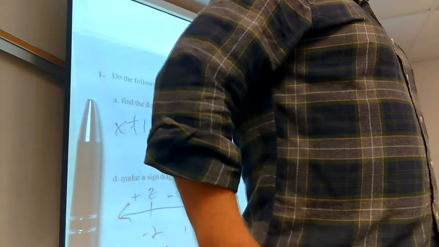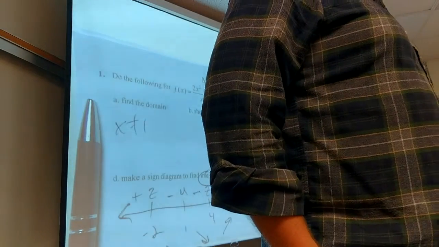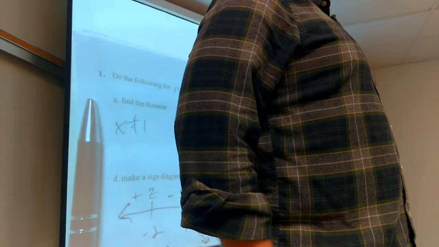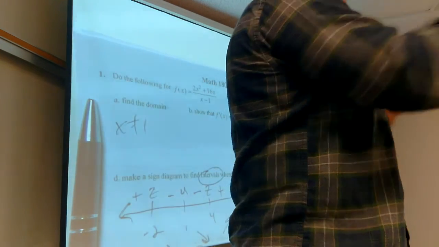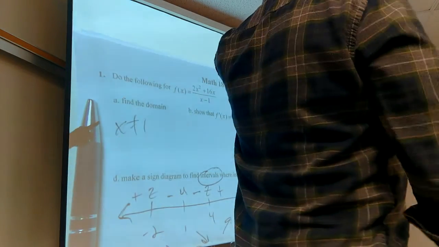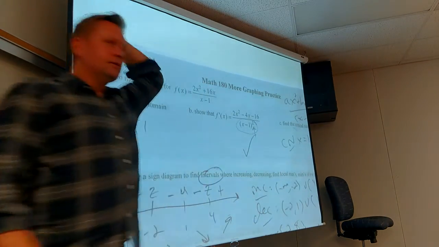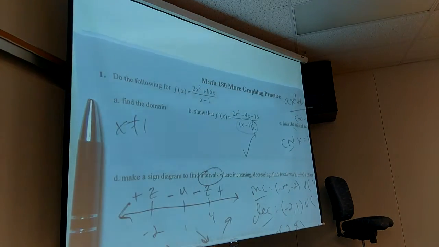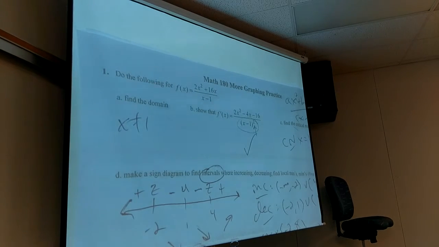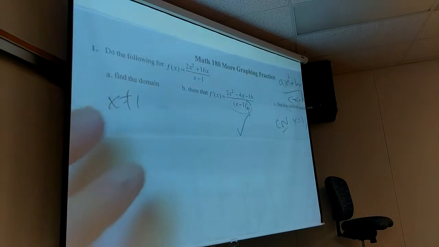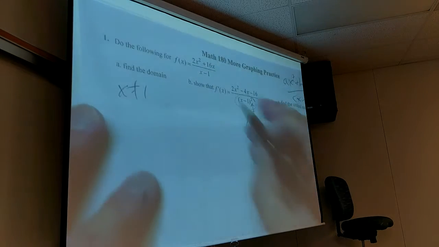Anybody remember at all how to find that? Slant or oblique asymptote. Yes. Divide, long divide. Or synthetic division, right? Which way do you want to do it? If you don't know synthetic, you obviously don't want to do it that way, but I hope you all know synthetic division.